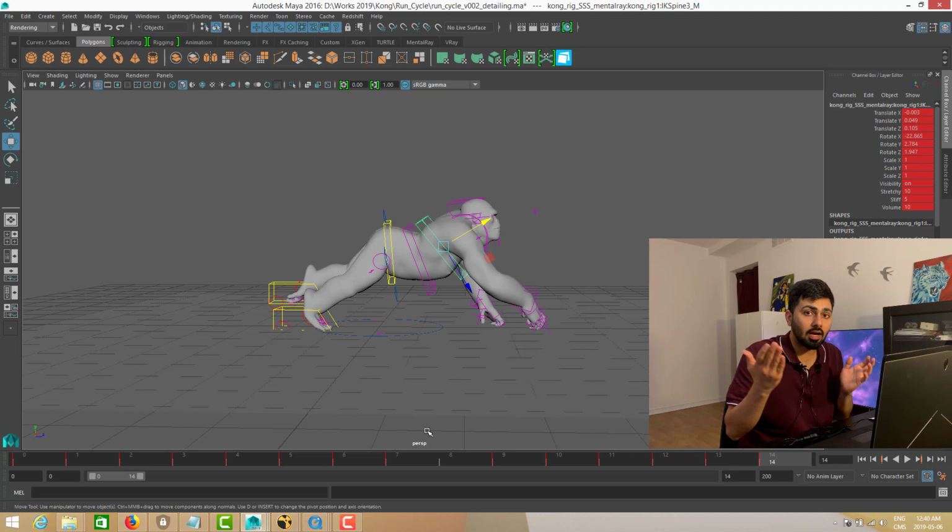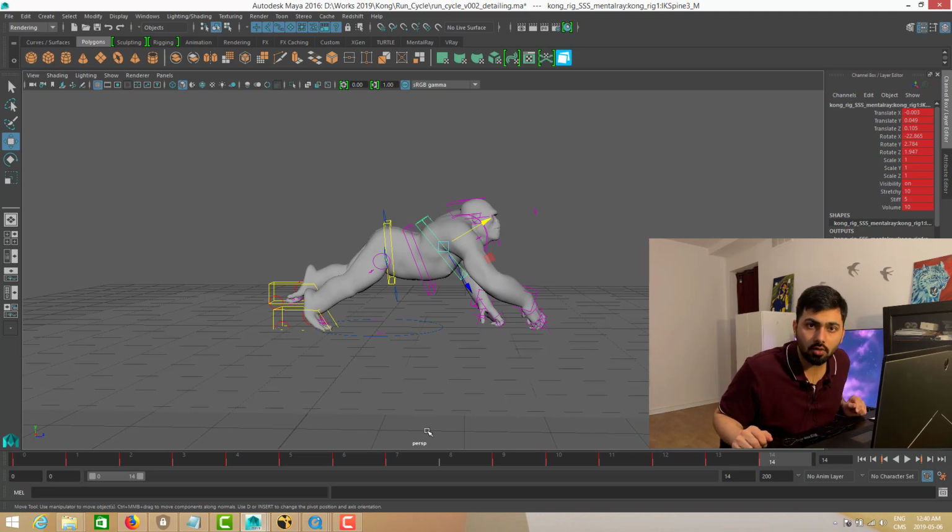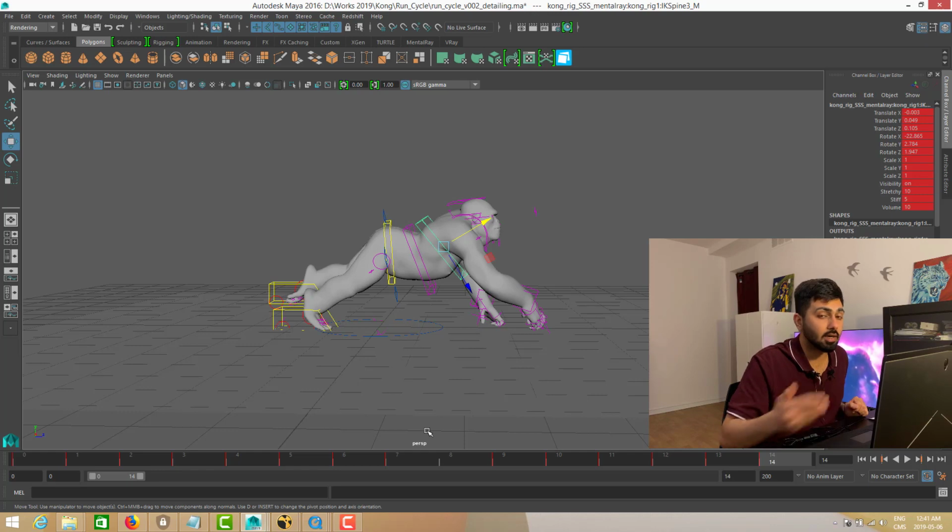So in this video I kept it short, and I tried to talk about what I see in the gorilla, what I observe in the gorilla, and how I observed it. I talked about those 4 main poses. I told you guys the reason for those main poses, and after making those 4 main poses, you have to do a lot of detail in the graphs.